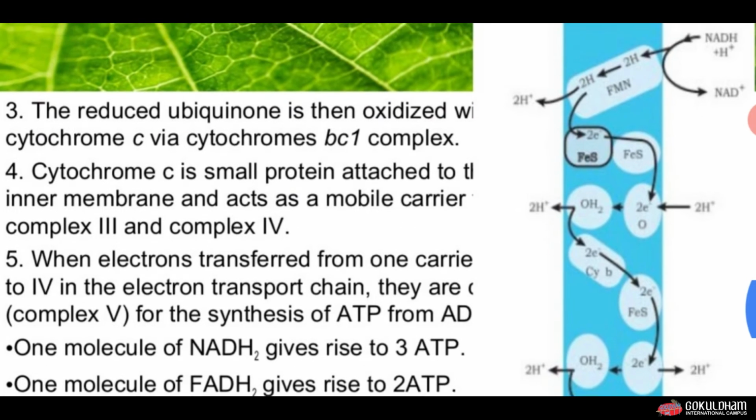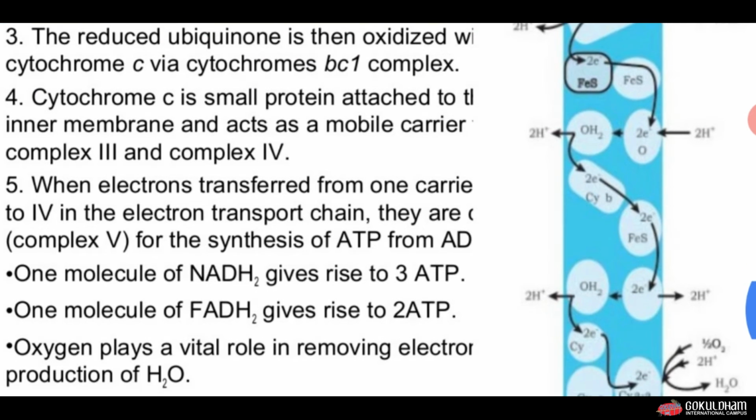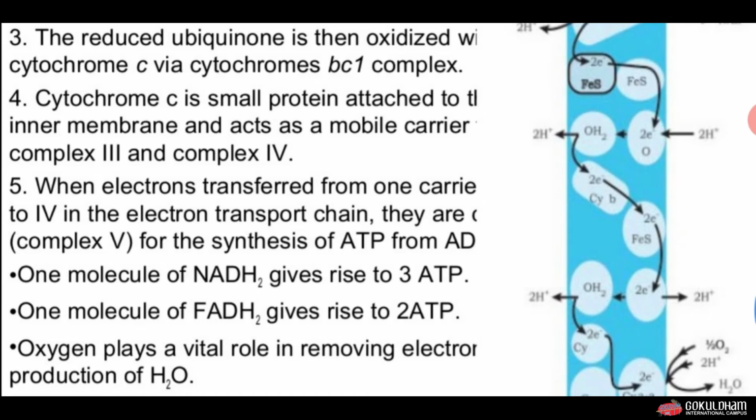Now in the electron transport system, one molecule of NADH2 gives rise to 3 ATP, and one molecule of FADH2 gives rise to 2 ATP.